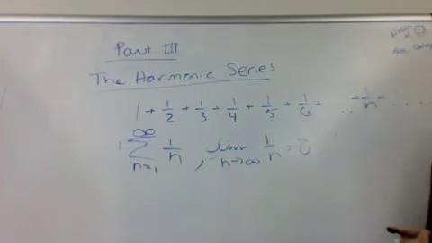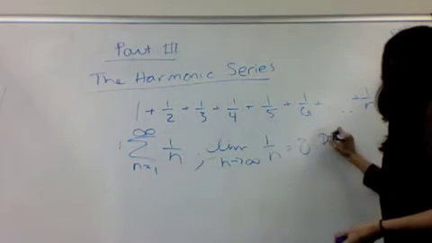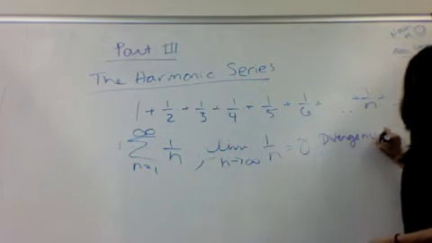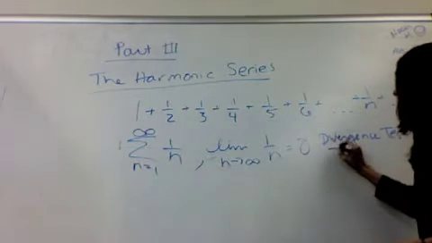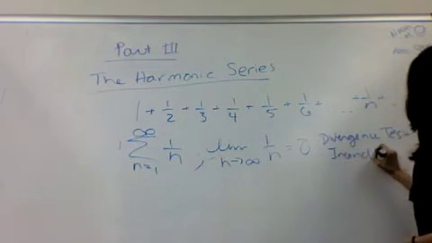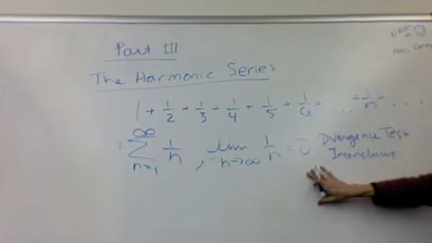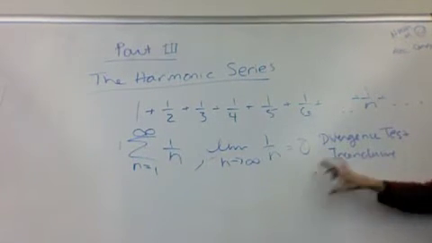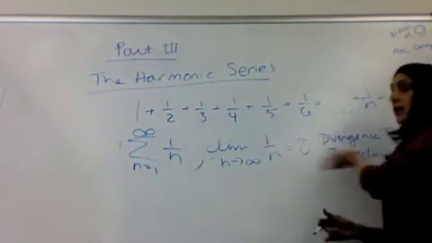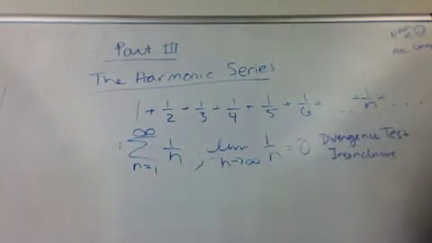It just means we can't use the divergence test. The divergence test is inconclusive. It only works when you get anything but 0. So now we have to think about other things.